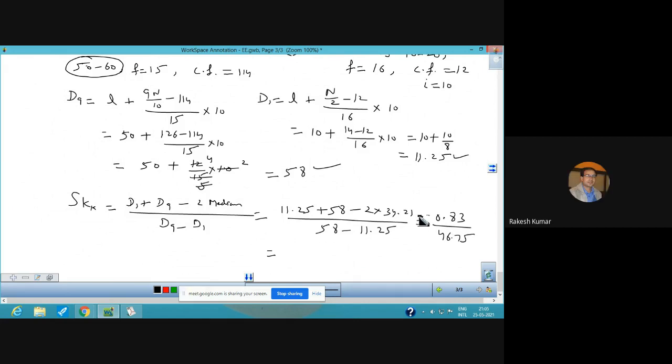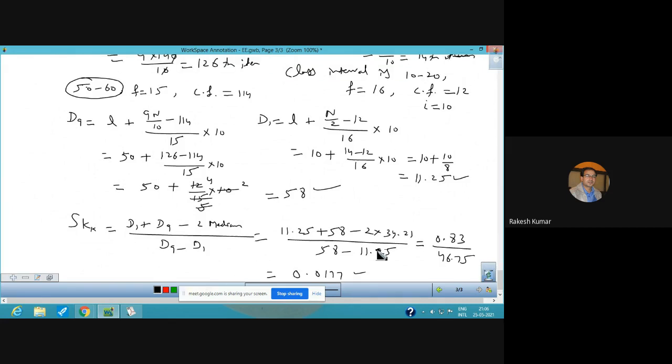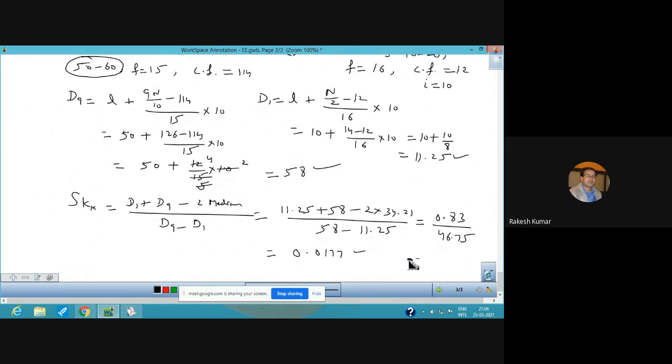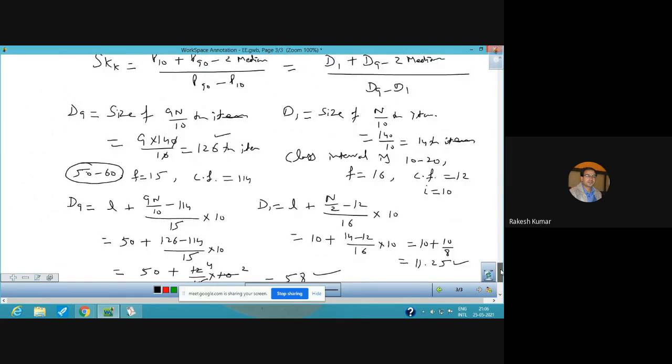So 0.83 divided by 46.75 comes out to be 0.0177. So roundabout this is the Cayley's coefficient of skewness from the following data by using the decile method.